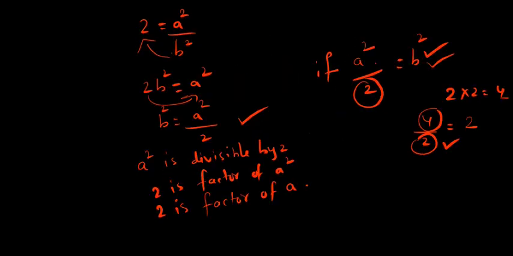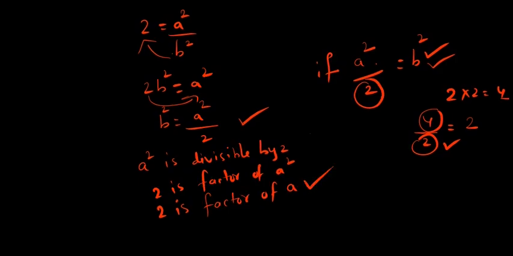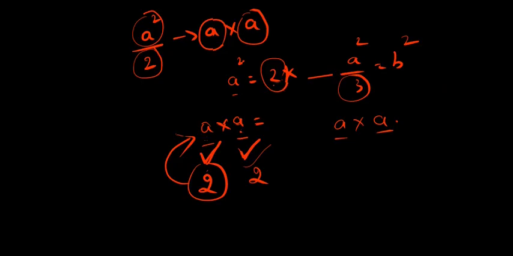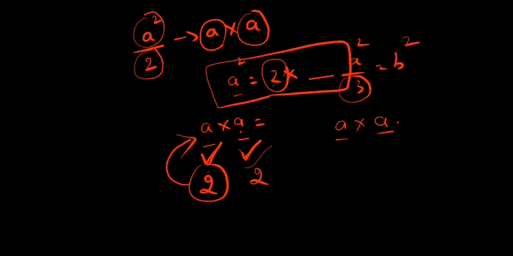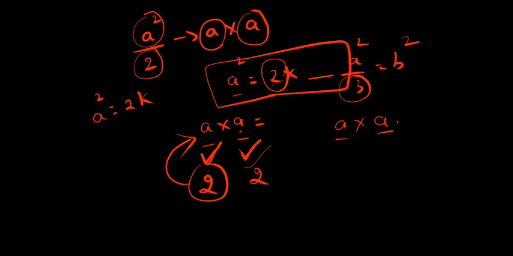In the same way, if 2 divides a square, that is, a square equal to 2 into some number, we take that number as some k. A square equal to 2k.